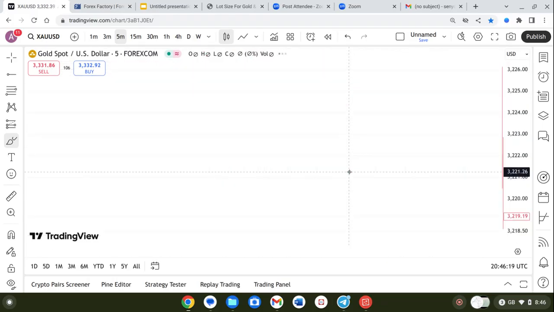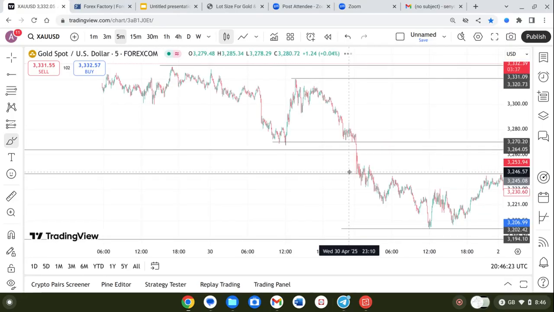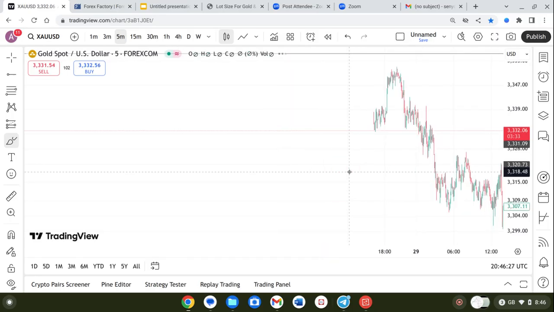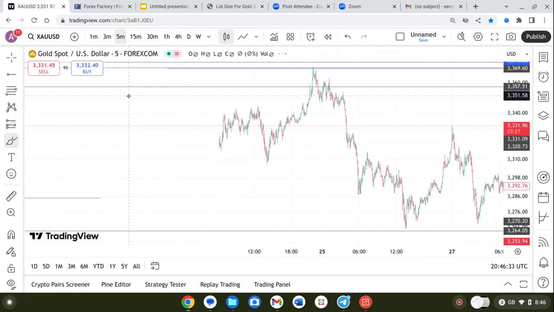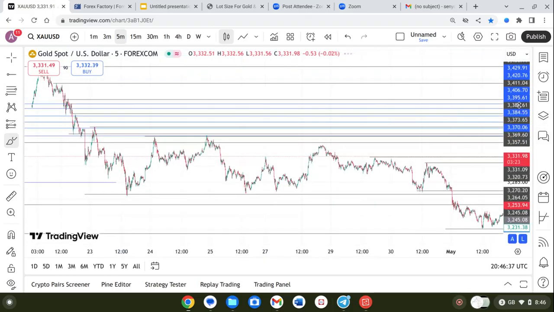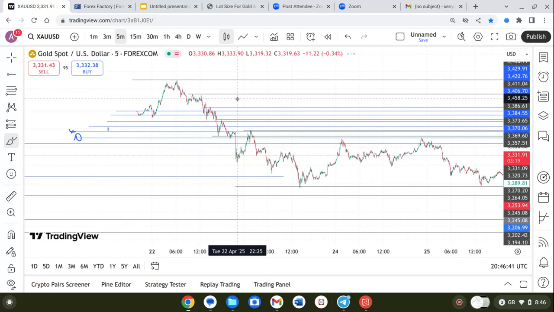So on the same thing, let me show you this. Let's look at the downtrend. Good, around this area where the market was consolidating.